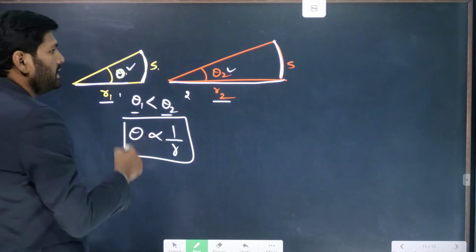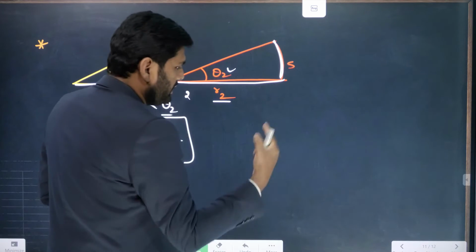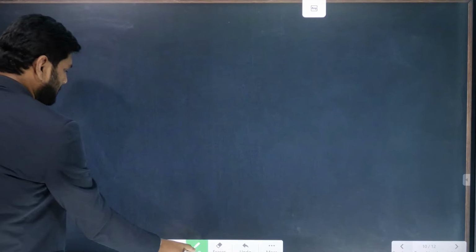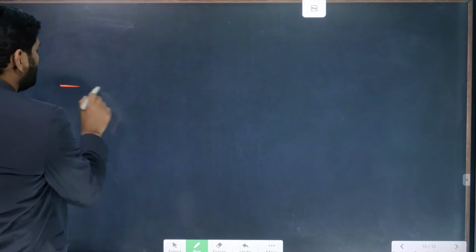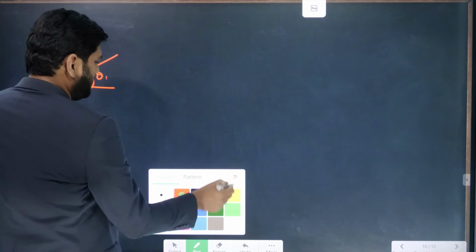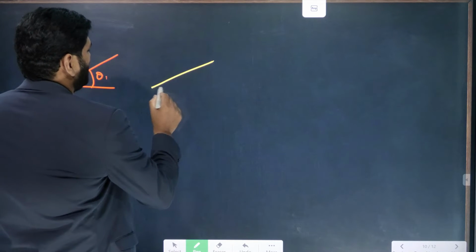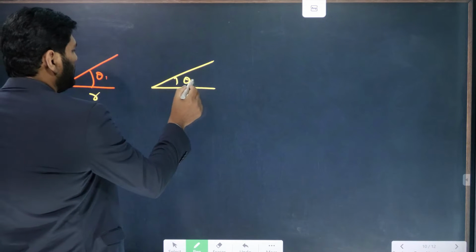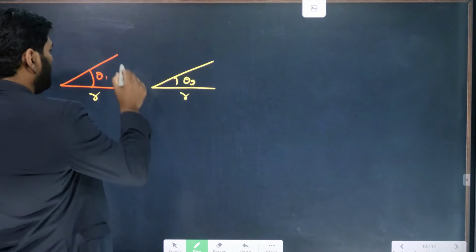This is the first case. In the next case, let me take one more. Now I'm keeping the radius constant. This is r and this is theta 1, and in the other one, this is also r, and this is angle theta 2.